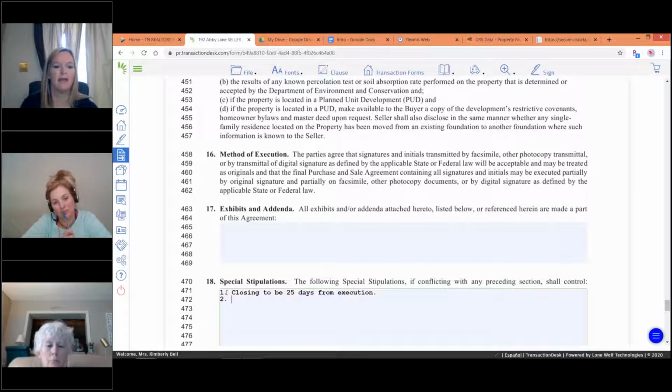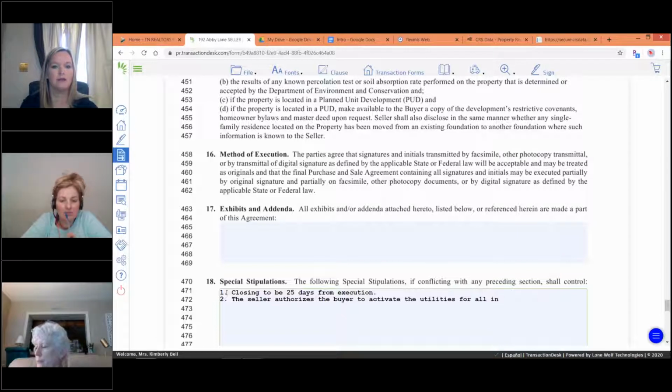We're also going to say that the seller authorizes the buyer to activate the utilities for all inspections. Seller will not activate utilities in their name.